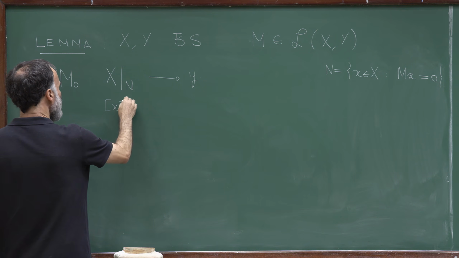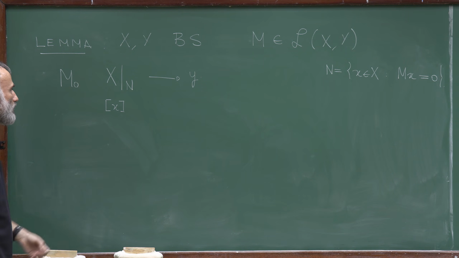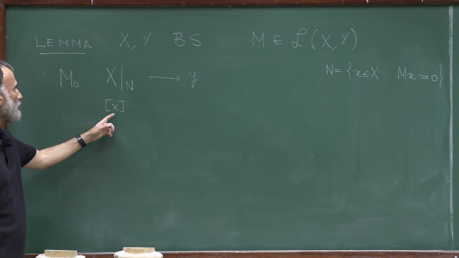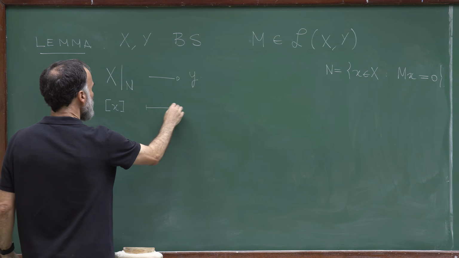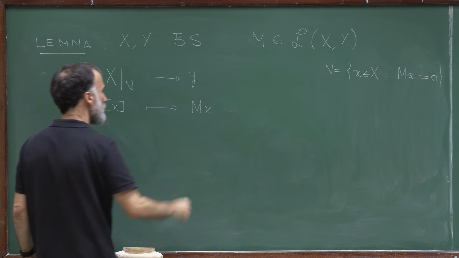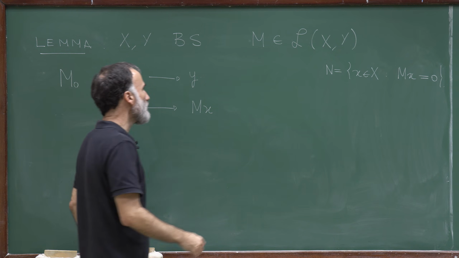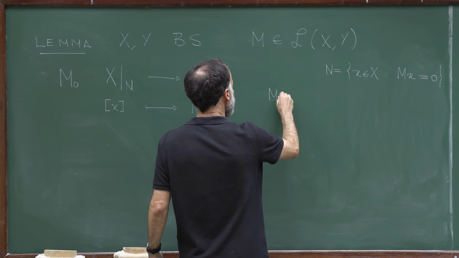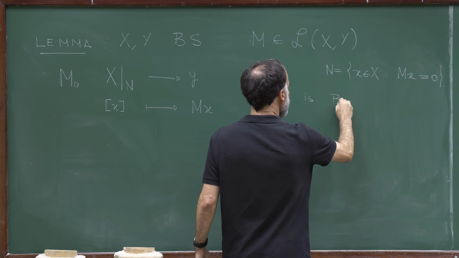So for x in X, I will represent by these brackets the equivalence class of x, and I will define M0 of it as M of x. So what I want to prove, the statement of this lemma, is that M0 defined in this way is a bounded linear operator.